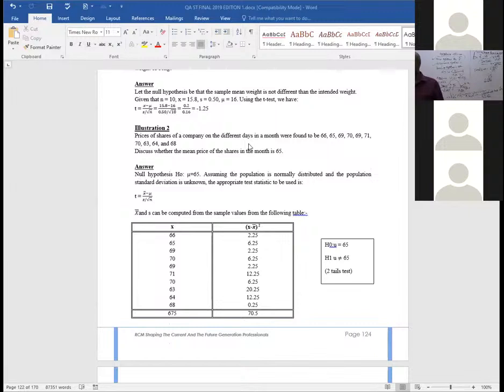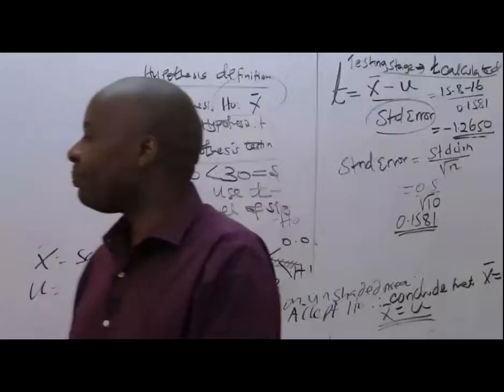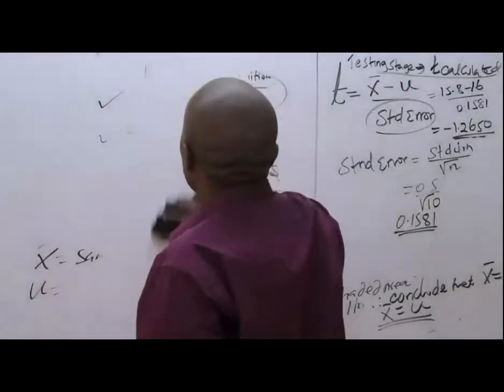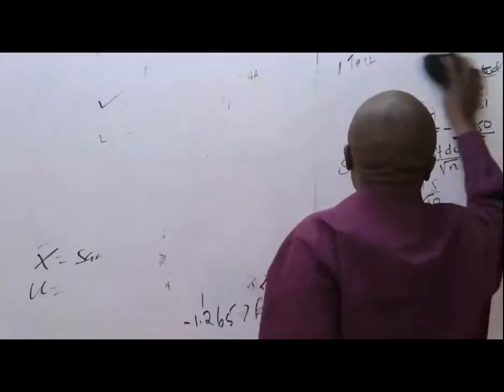Now look at this. These guys here have given us a sample of the daily prices. How many are they? 1, 2, 3, 4, 5, 6, 7, 8, 9. There are 10 prices. So the first thing that I'll do, even without much struggle, is to appreciate that we've got 10 samples.